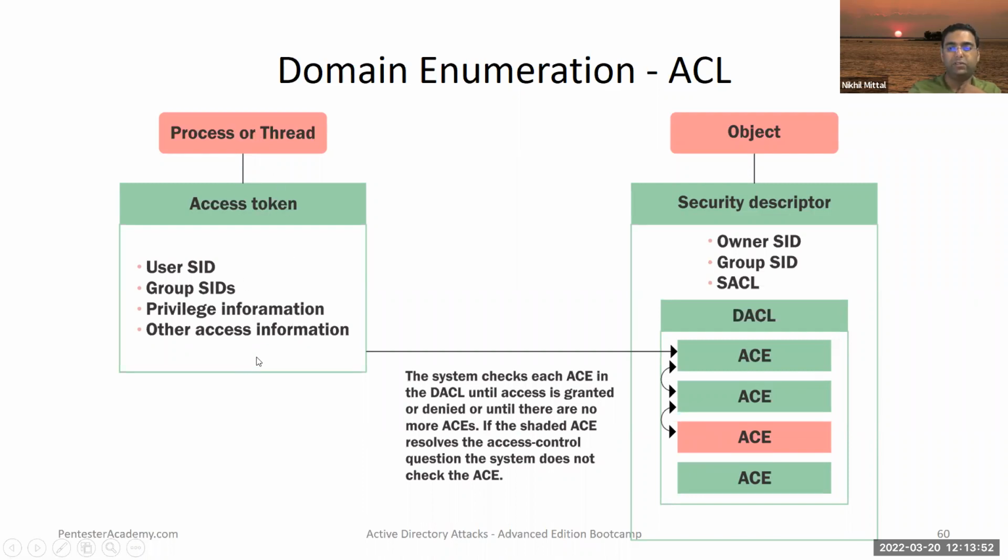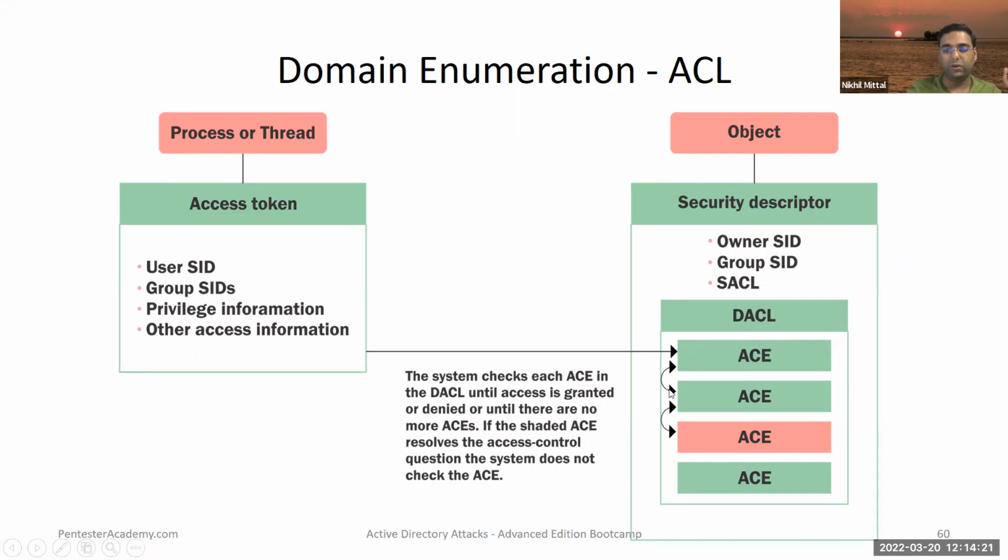Now, when this process or thread tries to access an object, the object would have a security descriptor that has the owner's SID, group SID, a SACL that controls logging, system access control, and a DACL, or discretionary access control, that contains literally a list of who can access the object and what they can do with it.